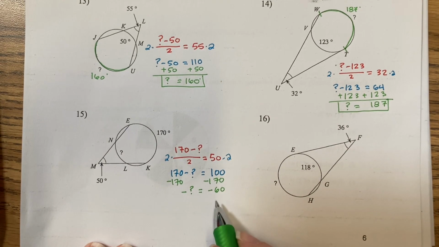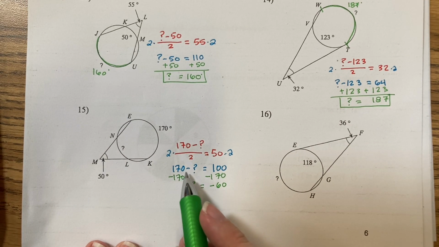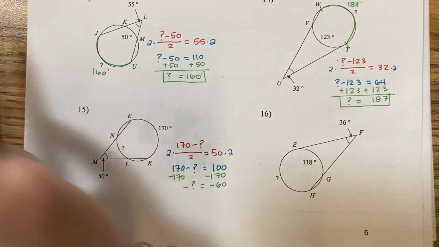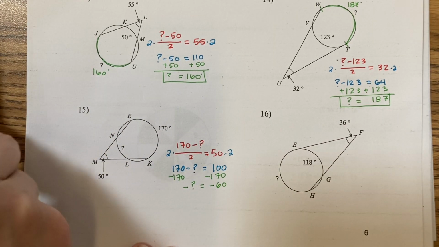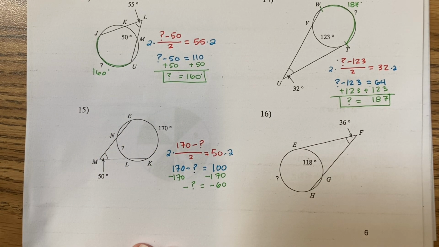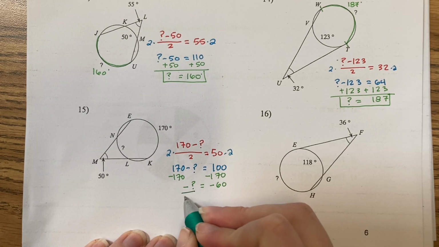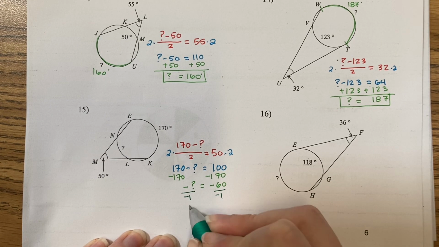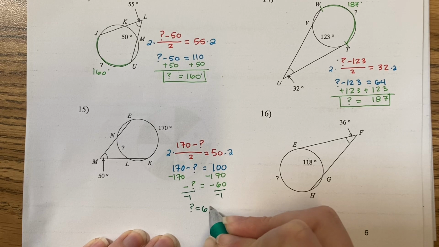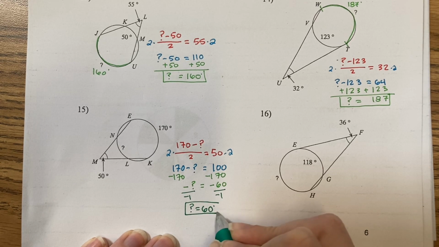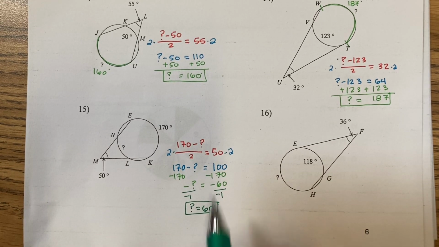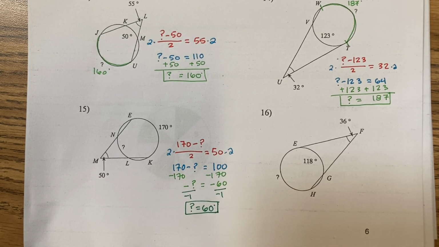It can't be negative degrees, and if you notice this was a minus question mark, you have to divide by -1, which means our question mark is 60 degrees. Or you can just change the signs, make them both positives.